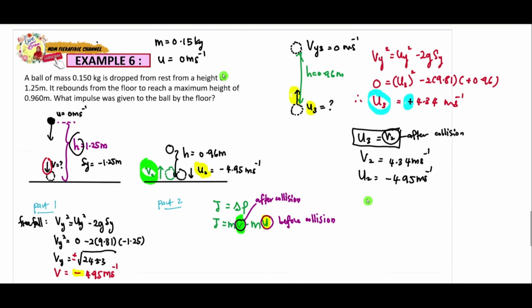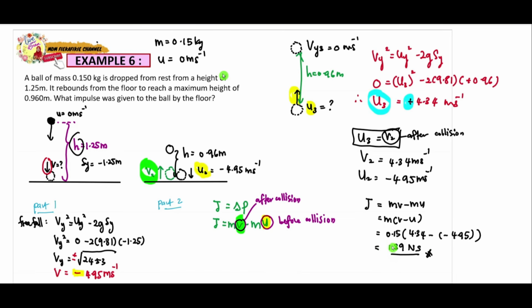Finally, I can find the impulse given to the ball by the floor, which is mv minus mu. Kita boleh factorizekan mass. So m 0.15, v dia berapa tadi? V2 tadilah. 4.34 minus negative 4.95. So kita akan dapat jawapan kita is positive 1.39 Newton second.